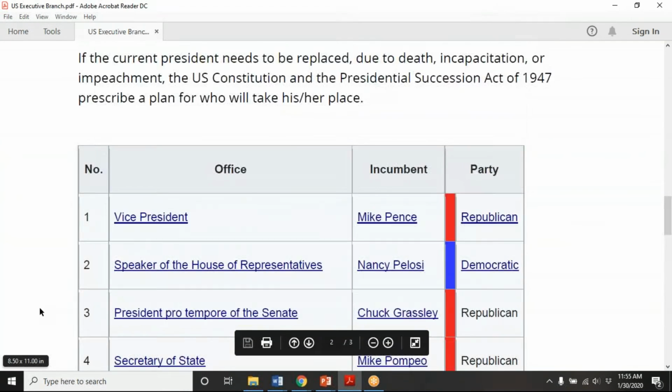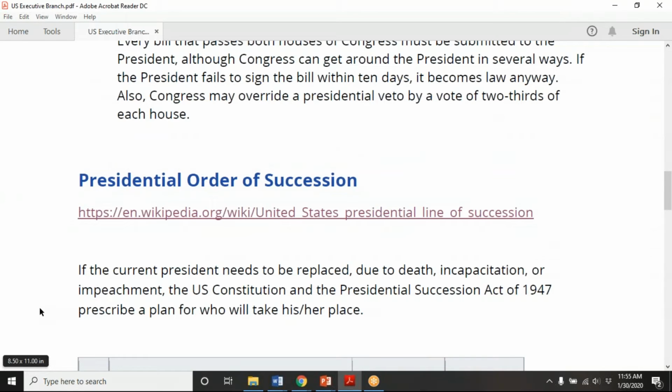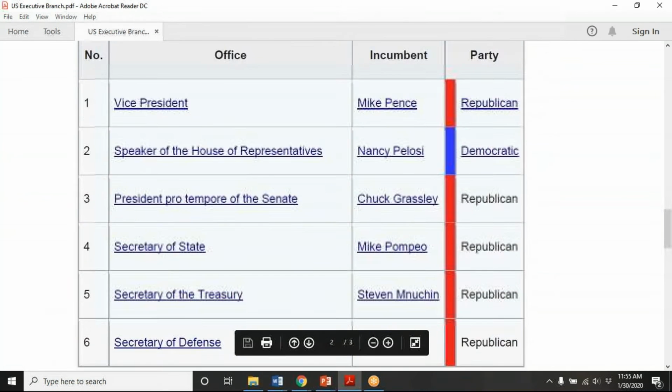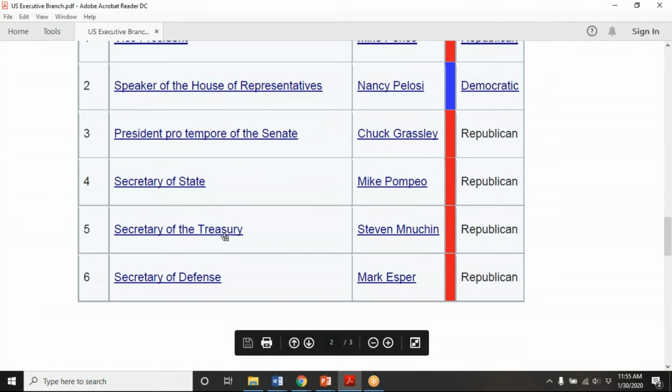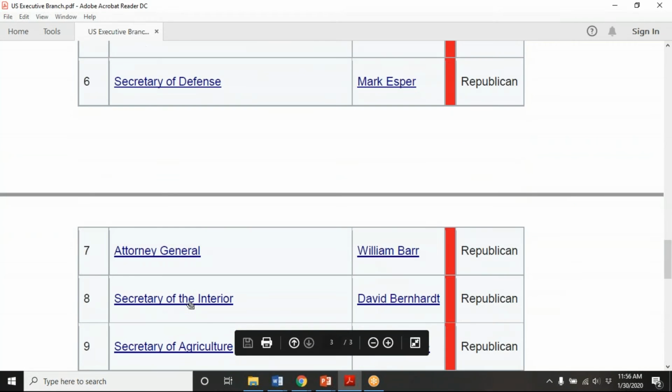Maybe in the future we could talk. I think next week we'll talk about the judicial branch, so we'll finish our discussion of the three branches of government. Maybe in the future we could have a discussion of a little bit more about the executive branch, because we have all these people listed here. Secretary of State, Secretary of the Treasury, Secretary of Defense, Attorney General.